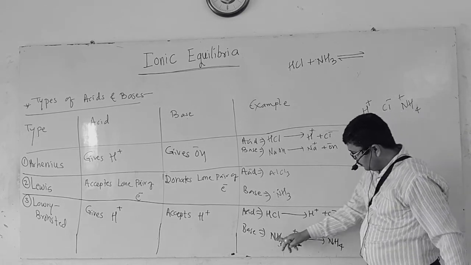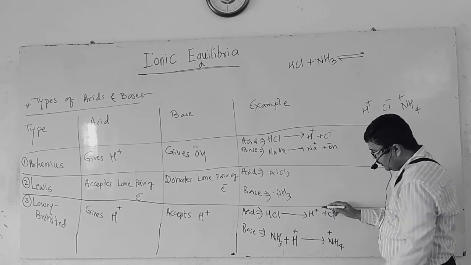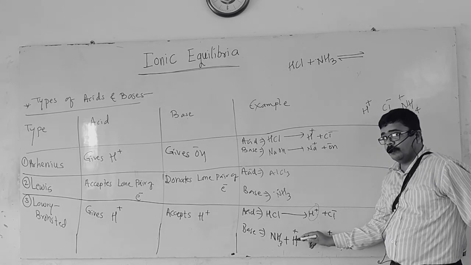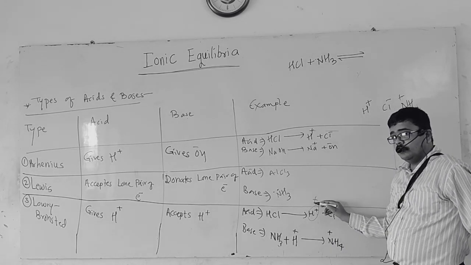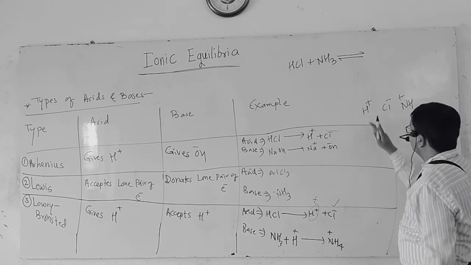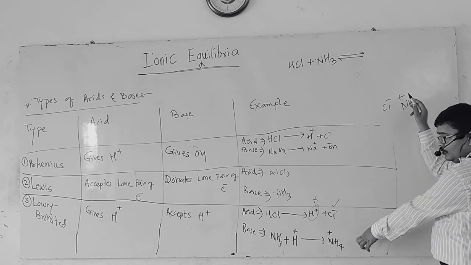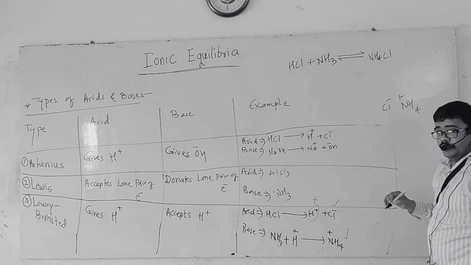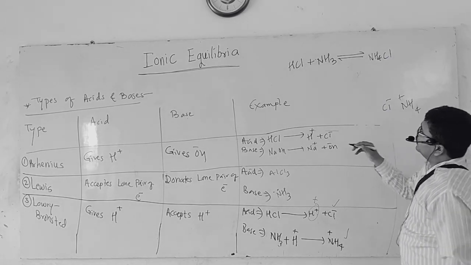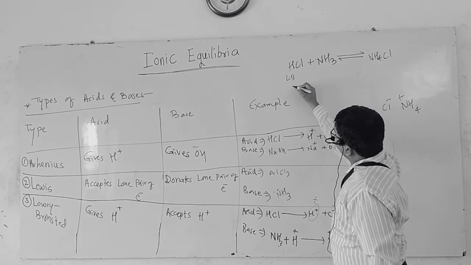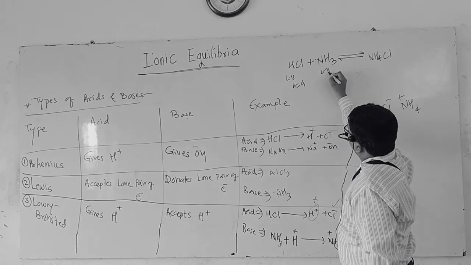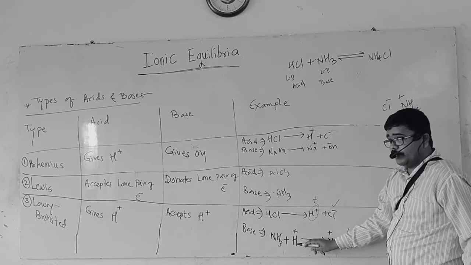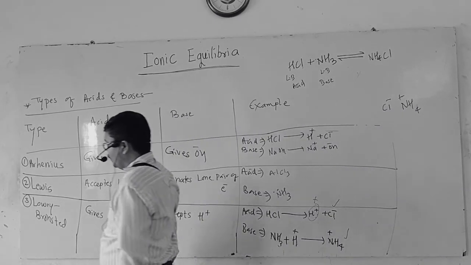NH3 has taken this H plus, meaning this ion is already consumed. So this ion is not available. Only Cl is available, and second is NH4. And this NH4 plus Cl combine to form NH4Cl, ammonium chloride. So here this is the Lowry Bronsted acid, and this will be the Lowry Bronsted base, because HCl has given H plus and NH3 has accepted H plus.